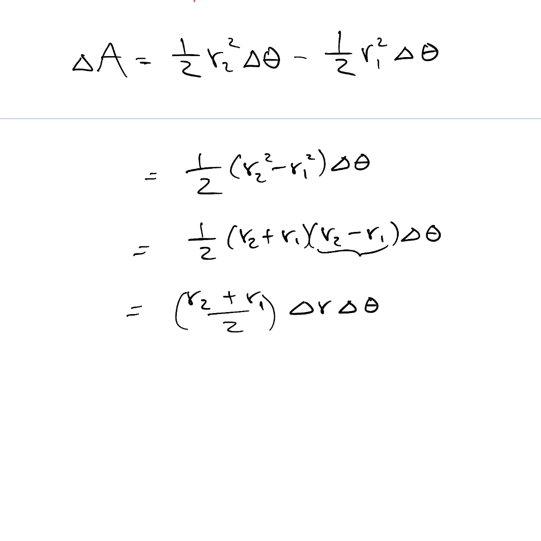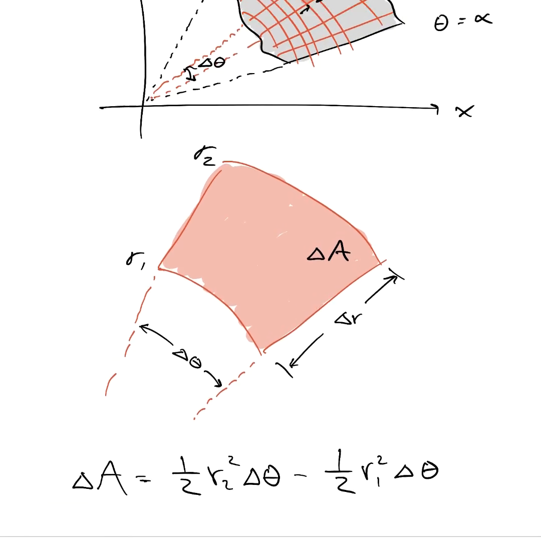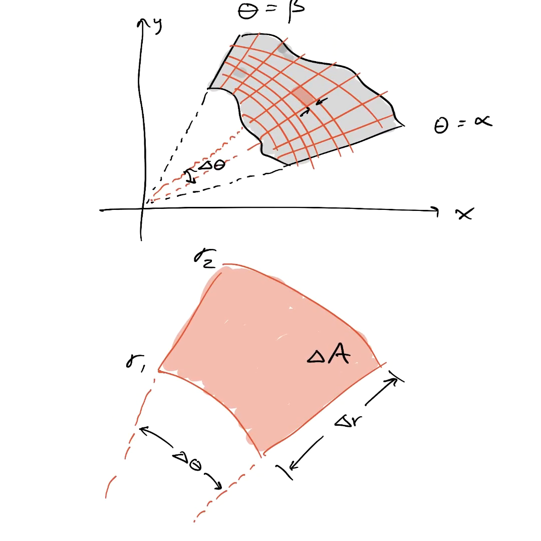Now, here's the thing. If you're going to formulate the double integral using these tiny little subpolar regions, then you're imagining it happening as delta theta goes to 0, so you're taking tinier and tinier angle slivers, and as delta R goes to 0, so tinier and tinier differences in R's, and you just cram in more and more and more of these little regions in there.